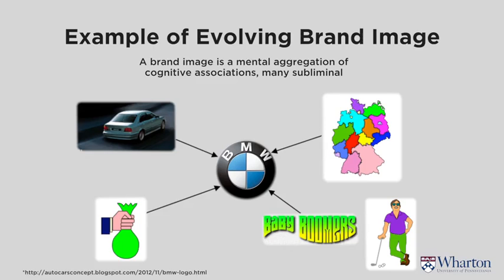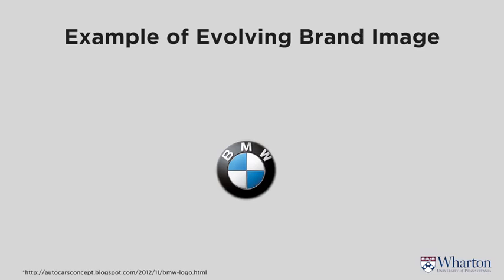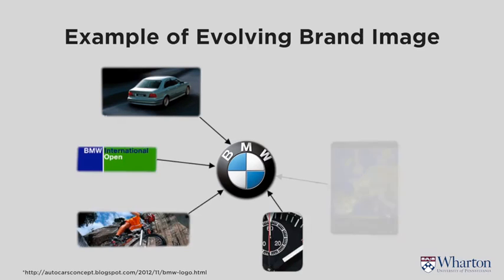It could have been that the car design was seen as not practical. Being a lot of money was seen as wasteful. The baby boomers got old and they're stuffy, and German could be seen as stodgy. So although these associations started out as positive, if they're not carefully cultivated, they could turn negative. How did BMW cultivate it? They did it through a lot of sponsorships.